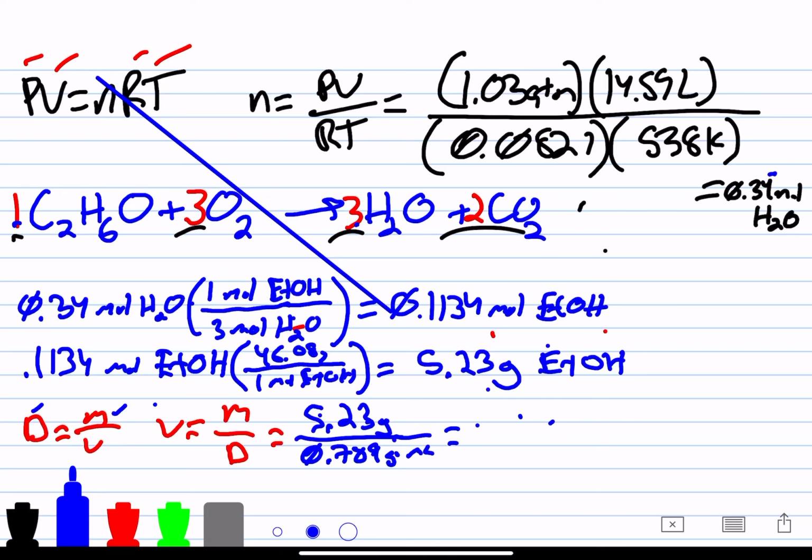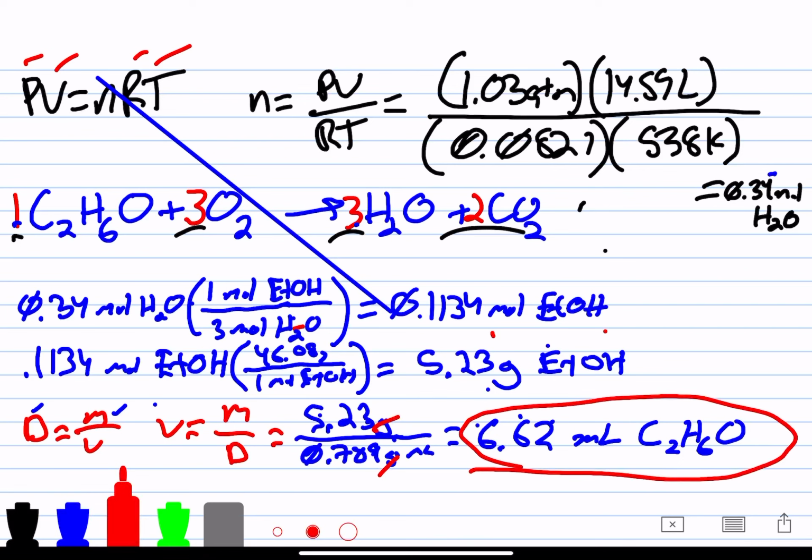And when you divide that out, it comes out to be 6.62 milliliters of C2H6O. Notice that grams is going to cancel out here, and we're going to be left with the units of milliliters. So the answer to number 5 is 6.62 milliliters of ethanol.